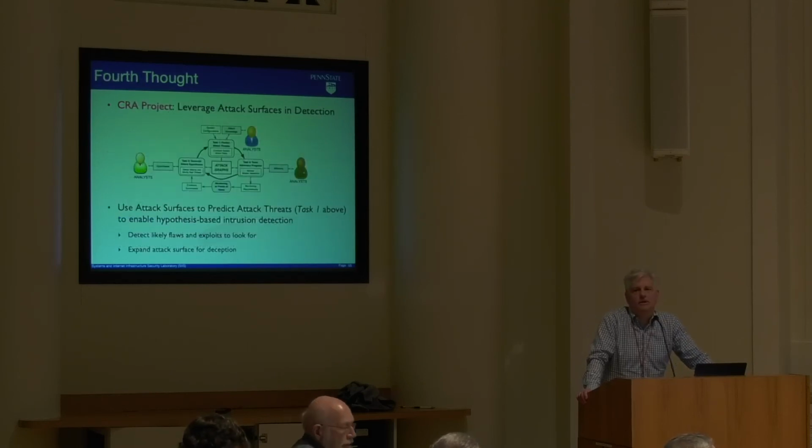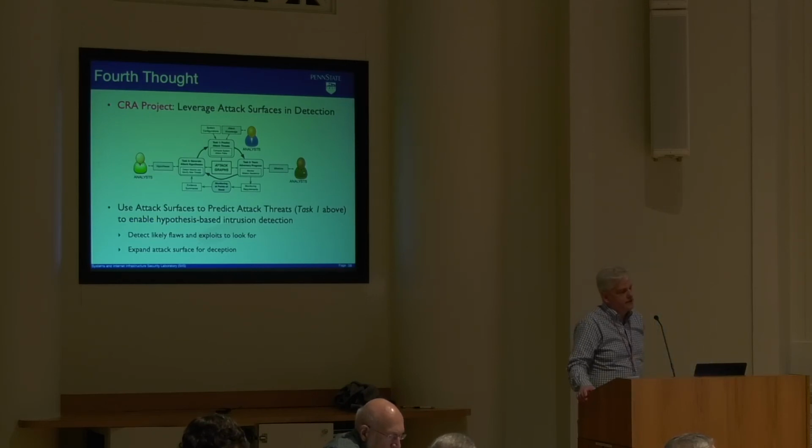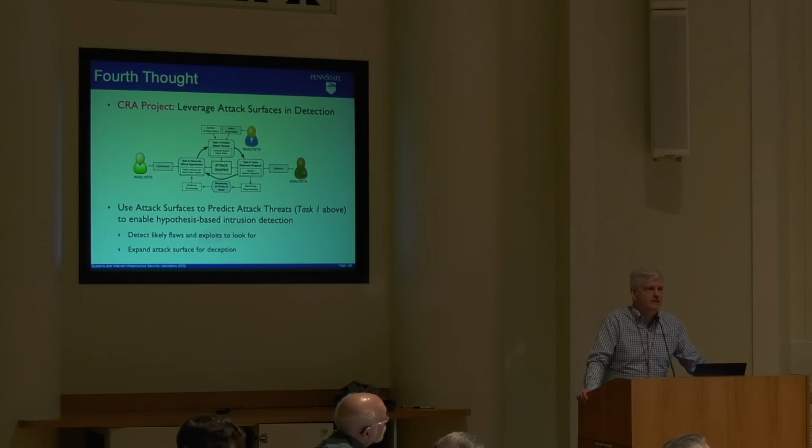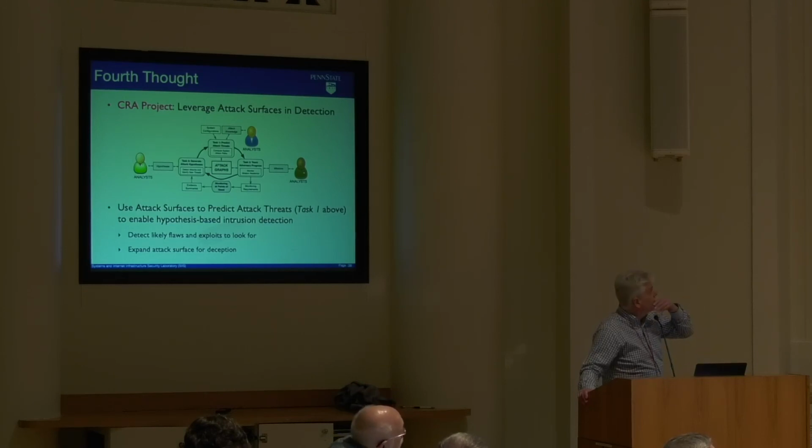Finally, in the CRA project, we're looking at this, as I said, science of security related to detection. And so we have a project on intrusion detection that we're starting, where attack surfaces are sort of the first line of reasoning about intrusions. So I don't know how well you can see that up there.